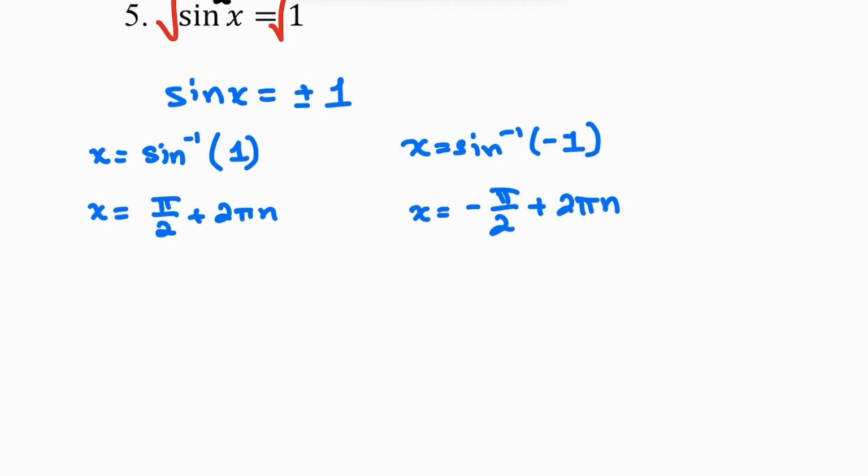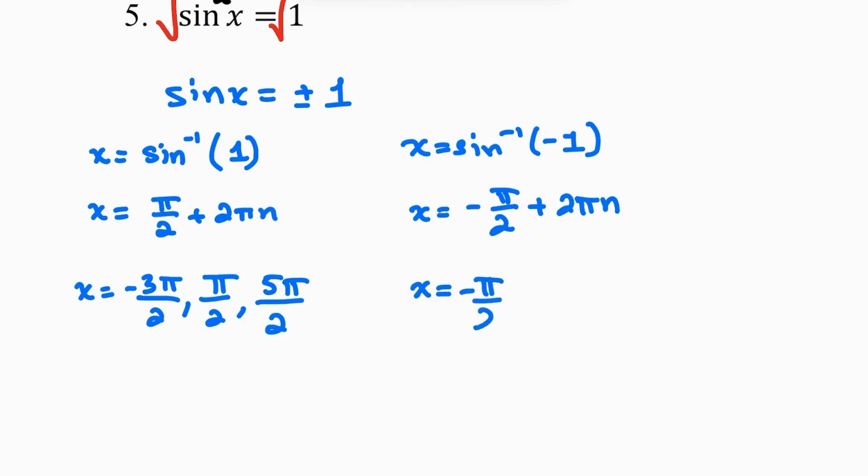For this general solution, we end up getting negative 3 pi over 2, pi over 2, and 5 pi over 2 within the interval of answers that they want for x. But then over here on the sine inverse of negative 1 part, we have negative pi over 2 as the smallest angle within the interval, then 3 pi over 2, and then 7 pi over 2.